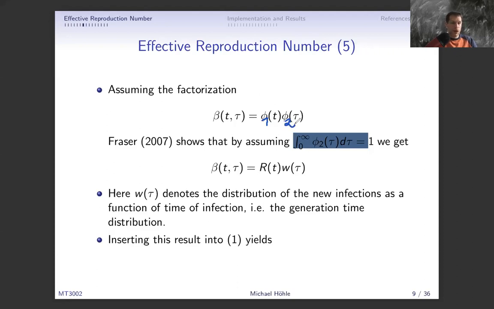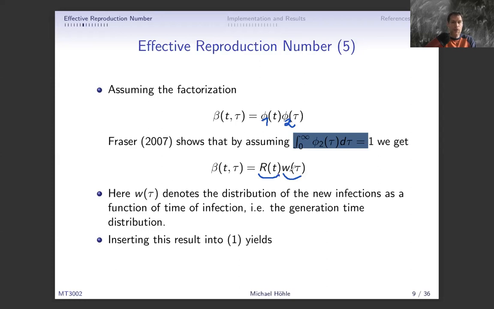Then he can show that this transmissibility function is simply the quantity he introduced as the reproduction number, times something which is the distribution of new infections as a function of time since infection.